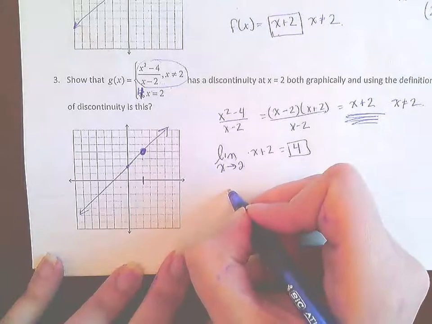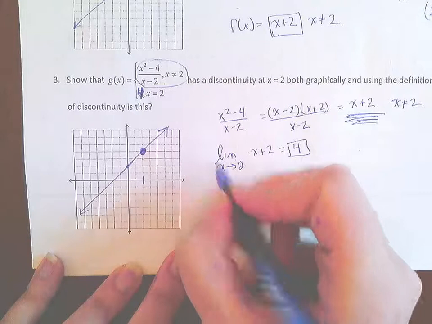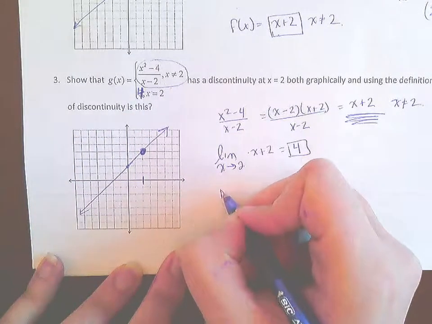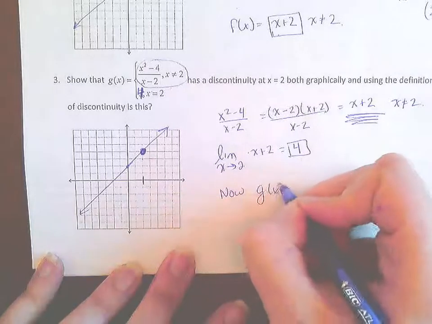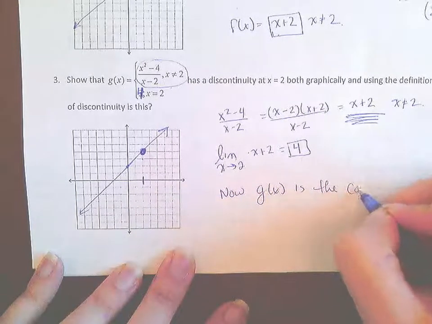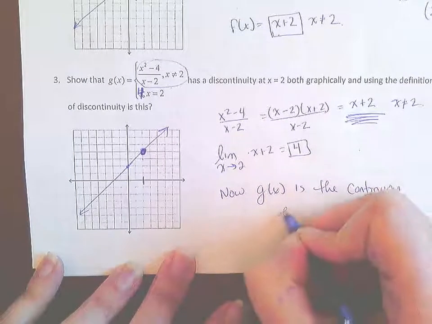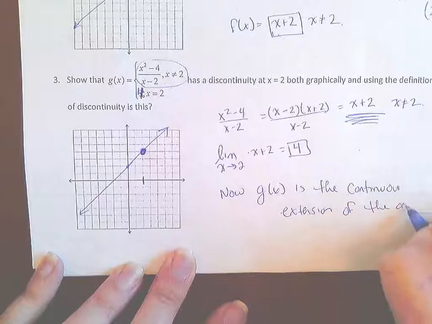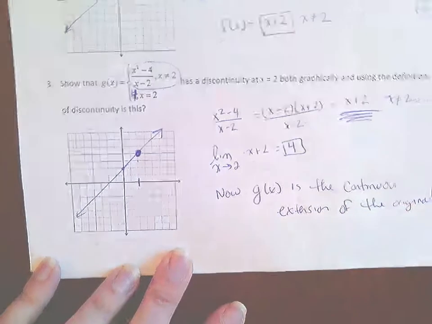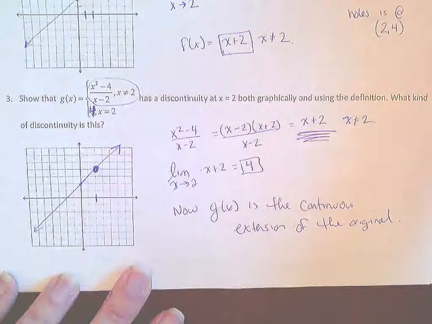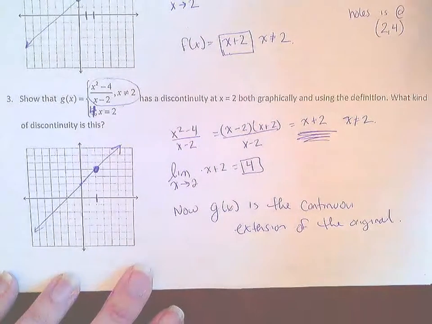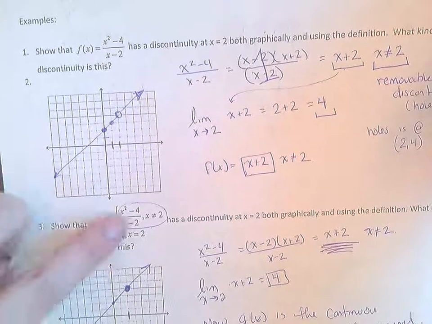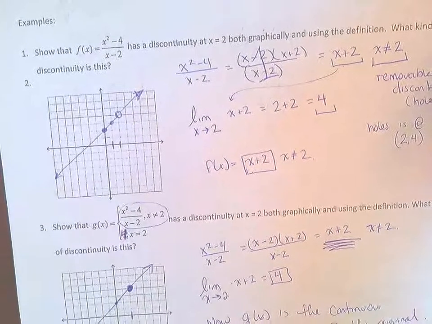Alright? So this function right here, g of x, is the continuous extension of the original. Okay? Alright. So, filled the hole, became continuous by giving a piecewise function.